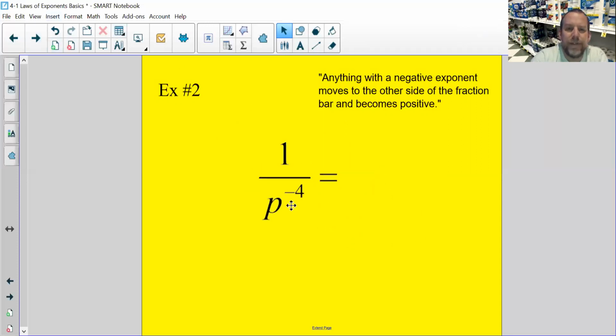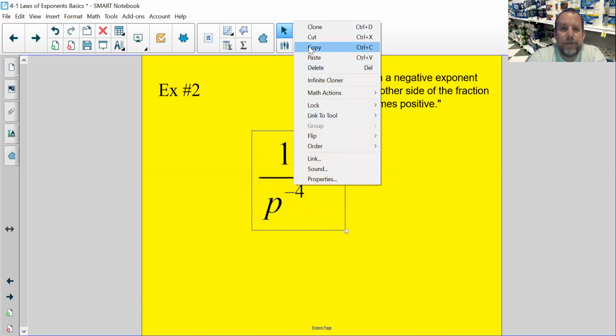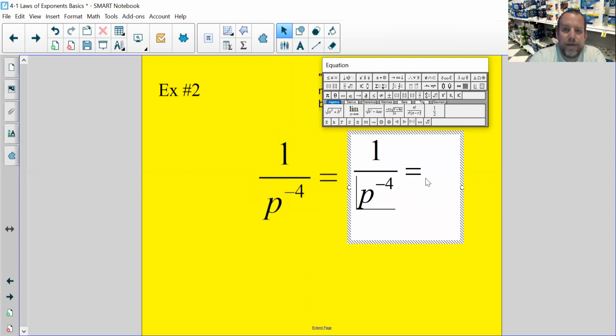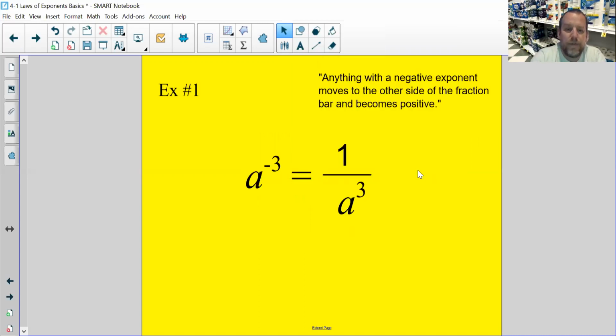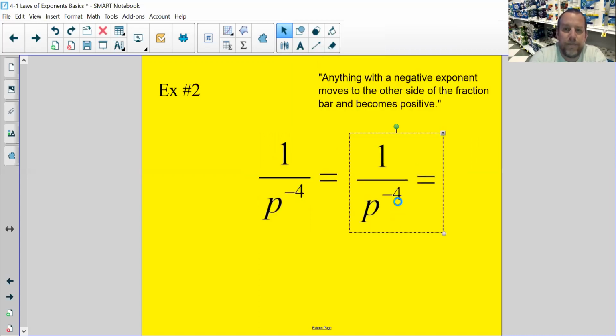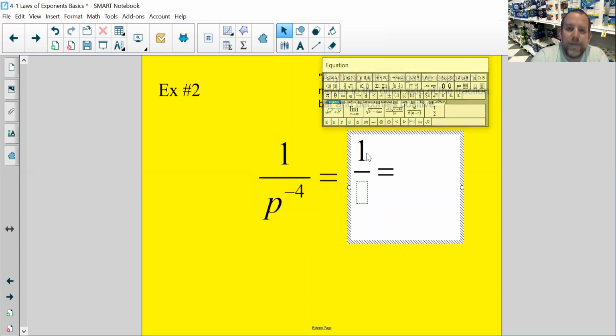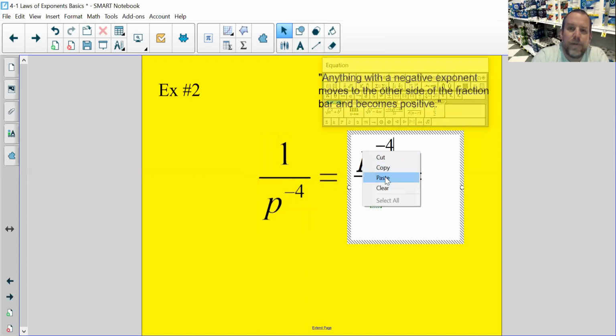All right, what happens if we start in the denominator? Well, if we think about this, we need to take this from the denominator and place it in the numerator.